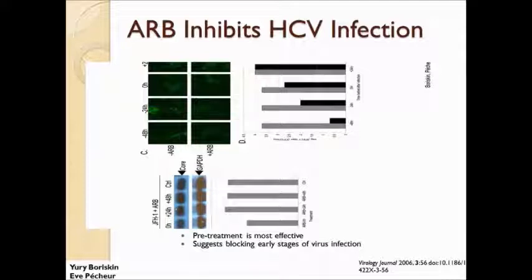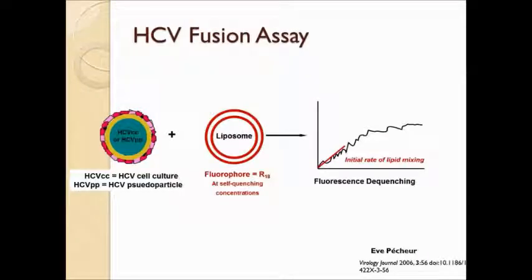It's been shown that Arbidol can inhibit influenza virus entry, and I'll show you some recent data from other labs about how that happens in a minute. With a collaborator in France, Yves Pecheur, with whom we've been working for over 10 years now, she tested Arbidol in this fusion assay. This assay takes cell culture derived hepatitis C virus or viral pseudoparticles and mixes them with synthetic liposomes that are fluorescently labeled so heavily that there is no fluorescence. If these two structures mix and engage, you see a recovery of fluorescence over time.